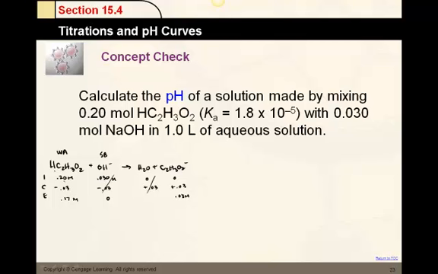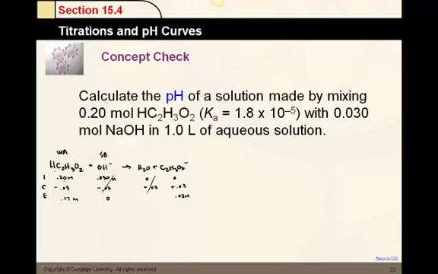Now we actually have something to use kind of like a buffer. Could we use the Henderson-Hasselbalch? I'm sure we could. I'm just going to proceed on and show you another alternative way to do it, after using stoichiometry, using equilibrium.